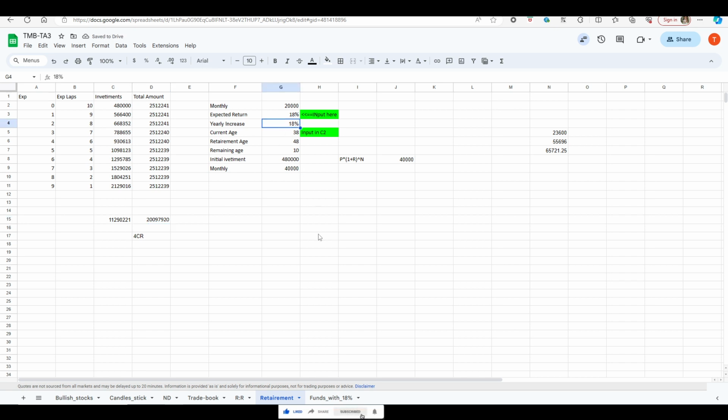If you increase 25% every year, you are going to get 2.5 crore. Something like that. You can make your adjustments based on your income, based on your capital, and put some goal for the retirement purpose, and create a workout to achieve that goal.